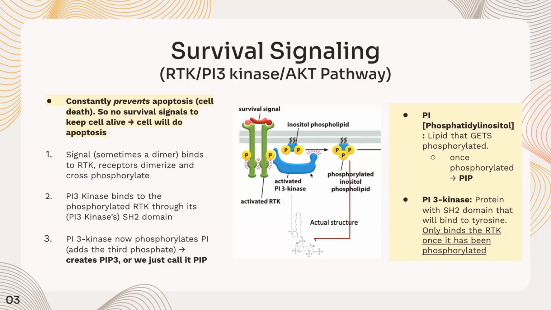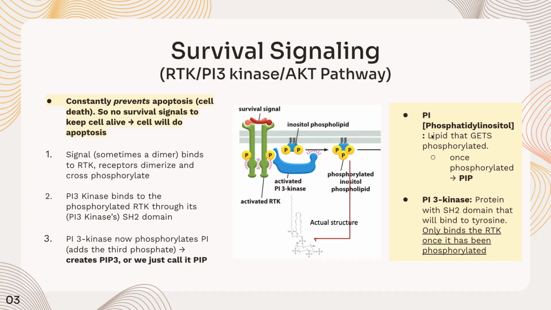So this guy, the blue guy, PI3 kinase, binds to the phosphorylated RTK through the SH2 domain. We're going to talk about that soon. Yago's got some slides on the different domains. It binds here. PI3 kinase now phosphorylates PI. This is PI right here.